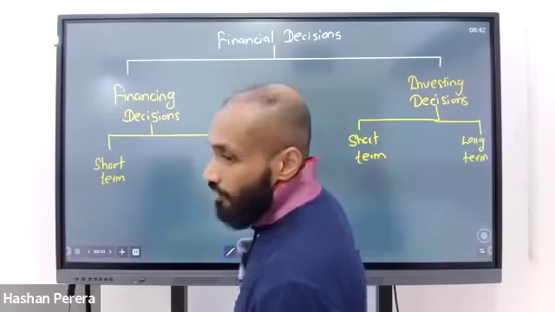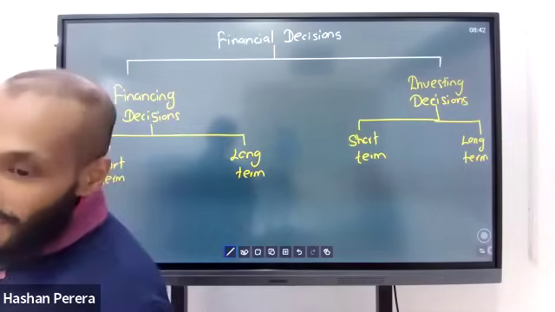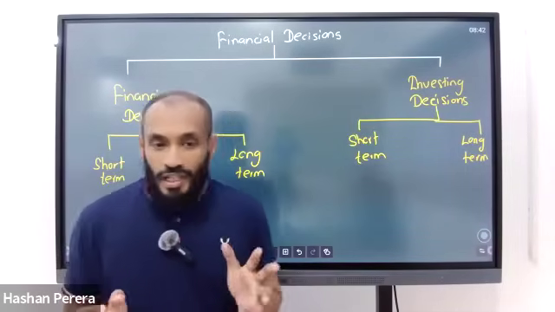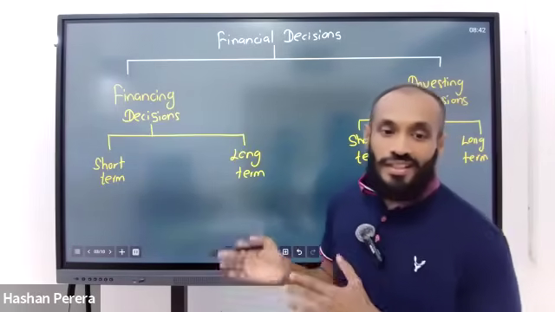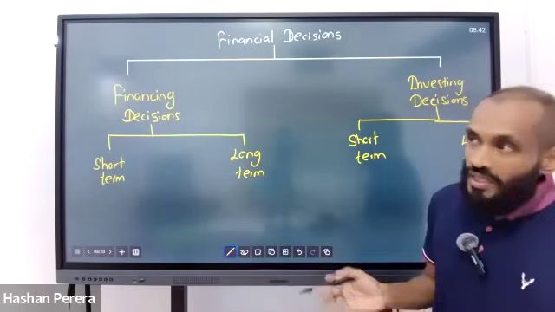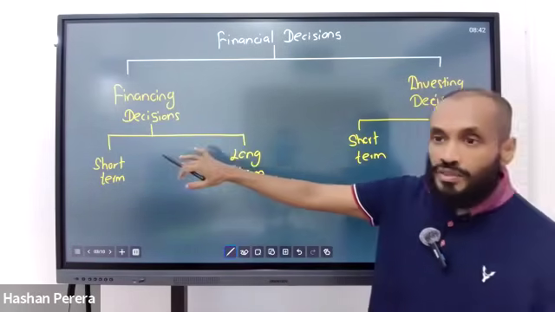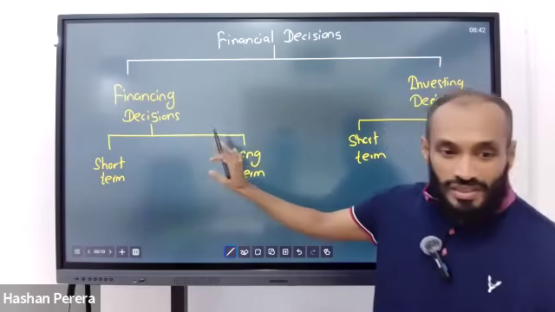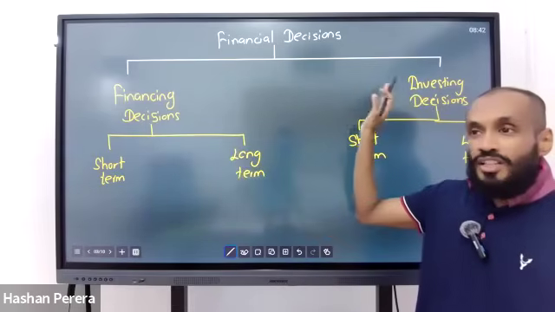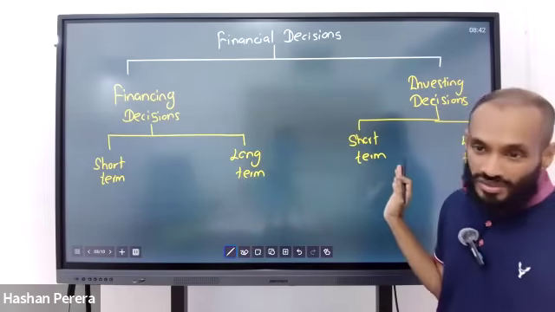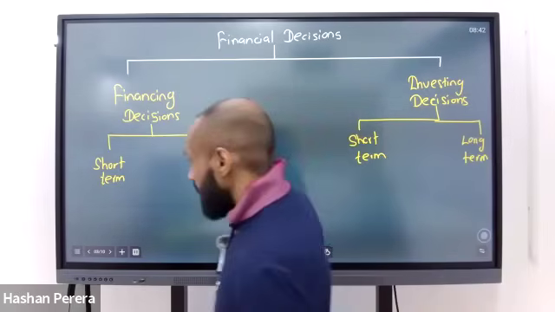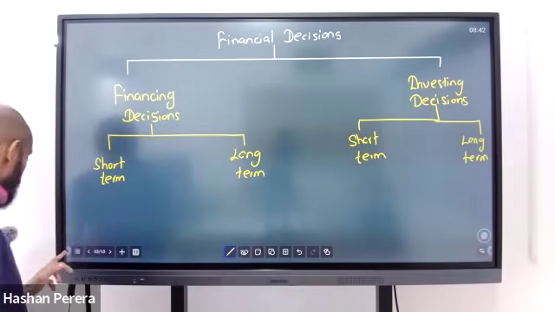So mainly what I want you to tell is there are two kinds of financial decisions: financing decisions and investing decisions. Financing decisions can be classified as short-term decisions and the long-term decisions. Investing decisions can be classified as short-term decisions and the long-term decisions. Clear? Right. So to make classification, chart I will show you.